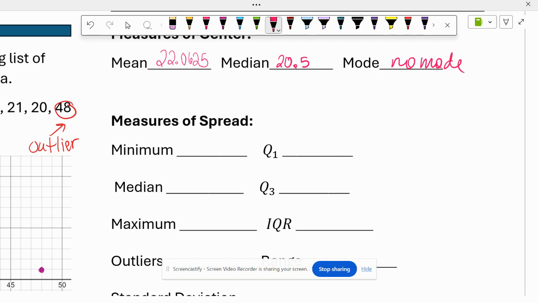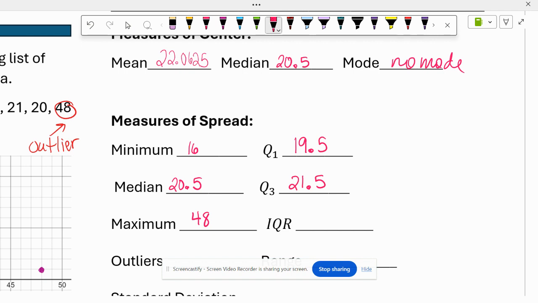Okay. What's the minimum? 16. We already said that the median was 20.5. What's our Q1? Okay, 19.5. What is your Q3? 21.5. Maximum. And IQR. What is it?